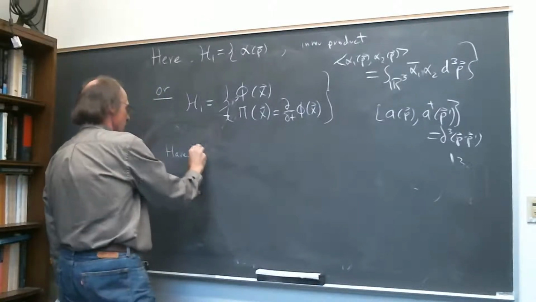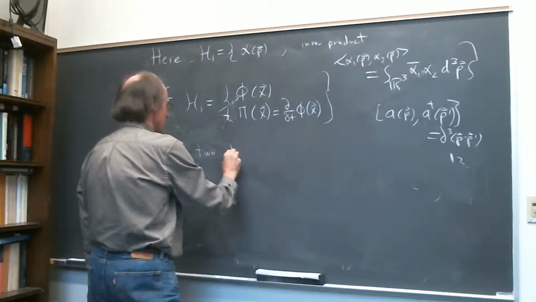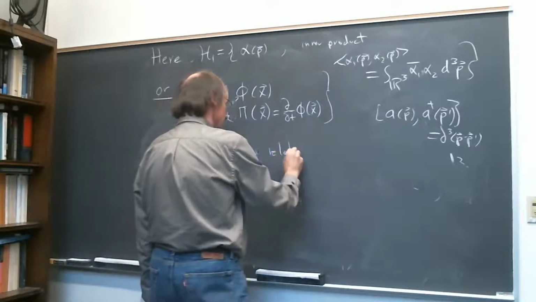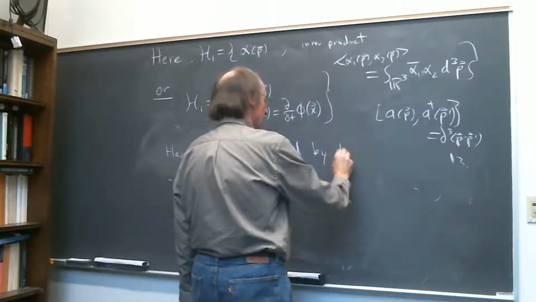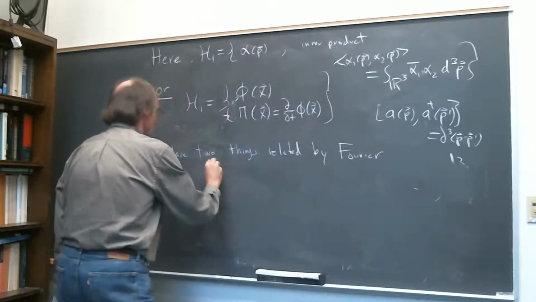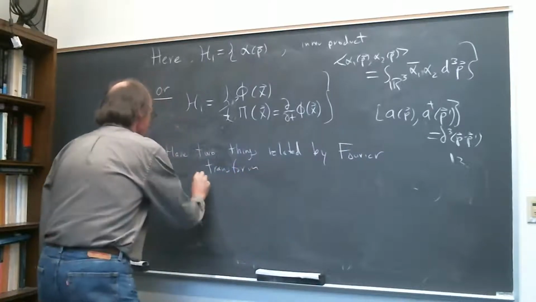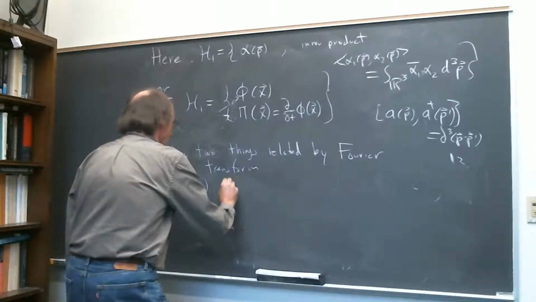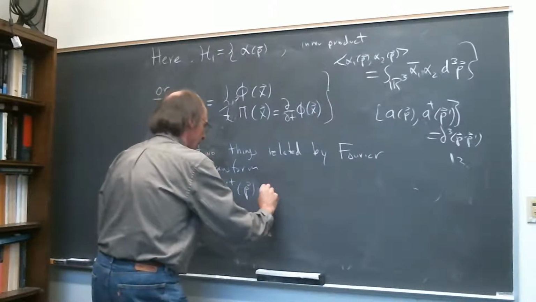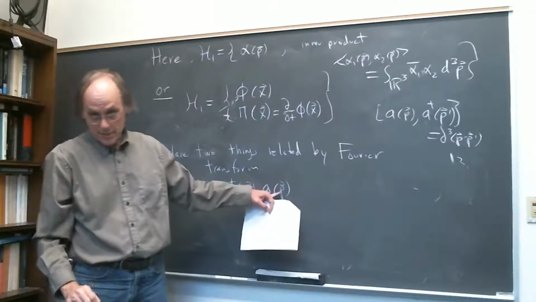You have two pictures, two things related by Fourier transform. One is the A dagger of P, vector A of P. So this is your analog of your Z and Z bars.